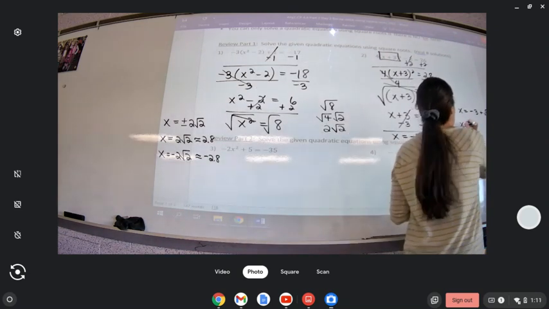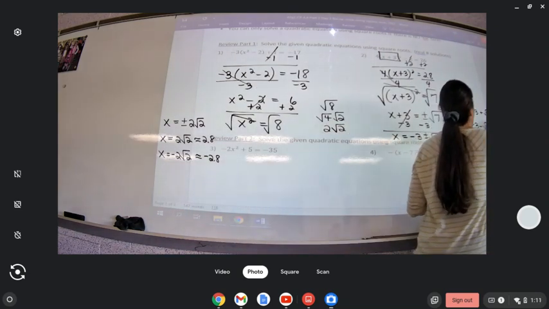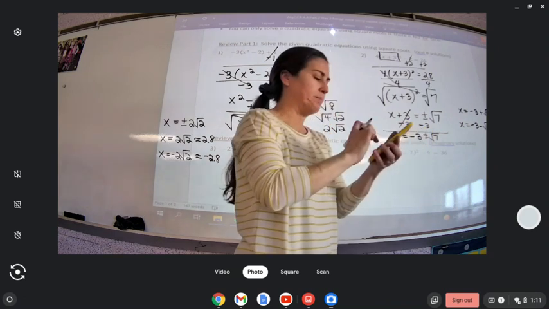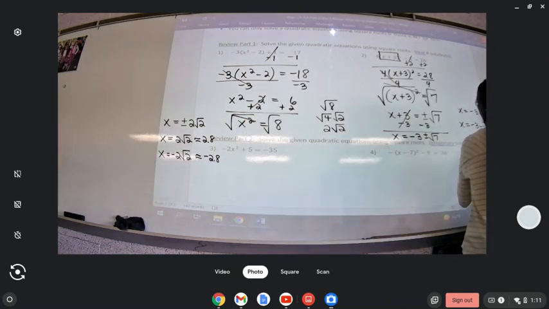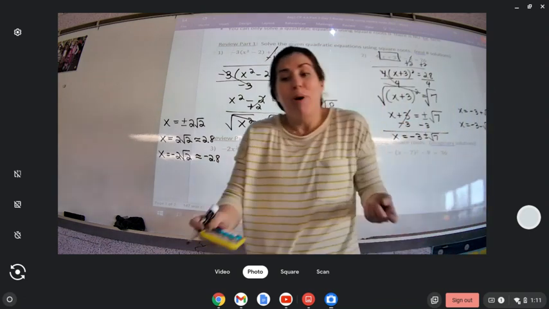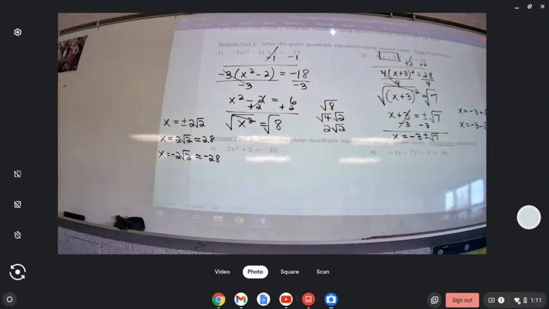And then the second answer would be negative 3 subtract the square root of 7, which is about negative 5.65. But that's rounded. It will never truly make that equation true because it is an estimated rounded answer. So I would much rather leave your answer in its exact form. Go ahead, Dan, any question?